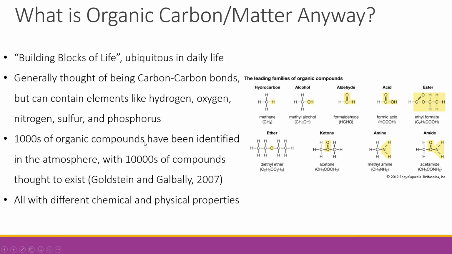There are thousands of organic compounds that have been identified in the atmosphere, with tens of thousands thought to exist, if not maybe more, which highlights we're really only scratching the surface of the organic carbons in the atmosphere. And all of these organic compounds have different chemical and physical properties, which makes it very difficult to constrain their effects on aerosol chemical properties.